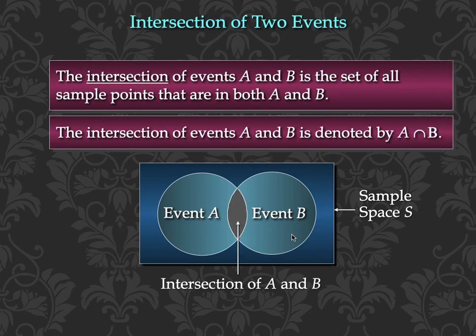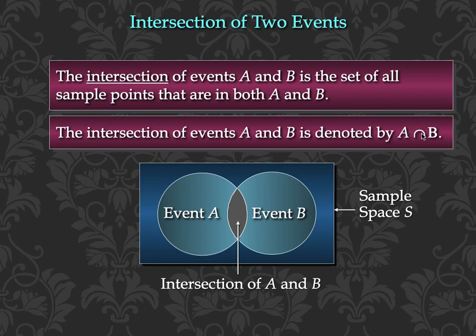Now let's continue with what we refer to as the intersection of two events. When we say the intersection of events A and B, it refers to the set of all sample points or outcomes that are in both A and B. So take note of our clue word here: both A and B. The intersection of events A and B is denoted by this notation.